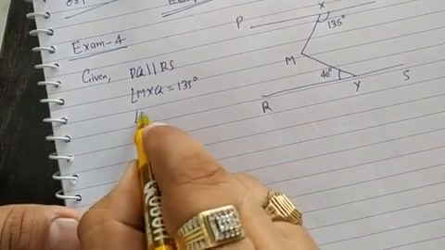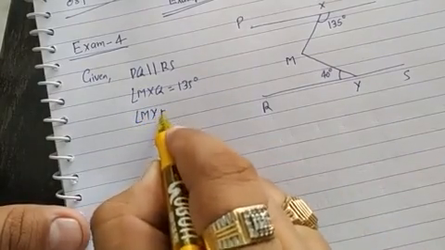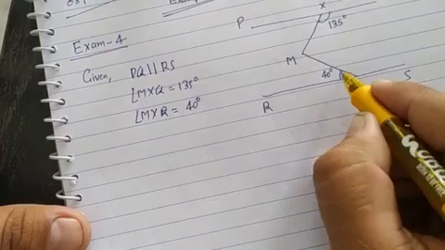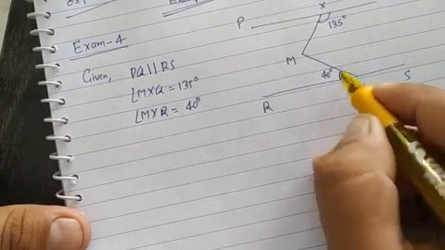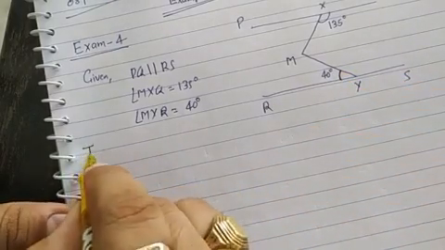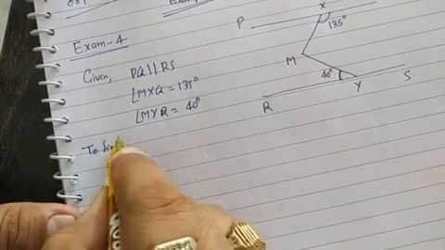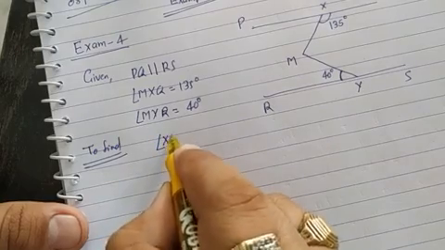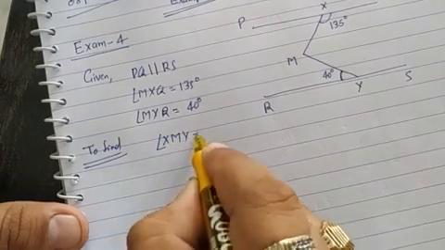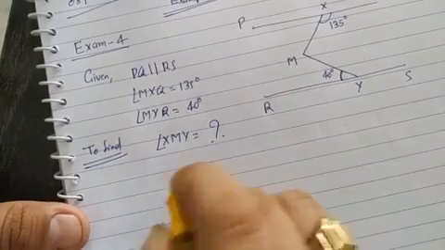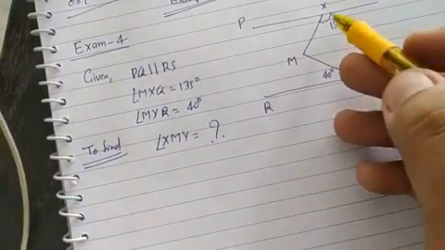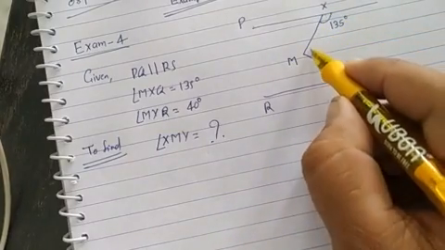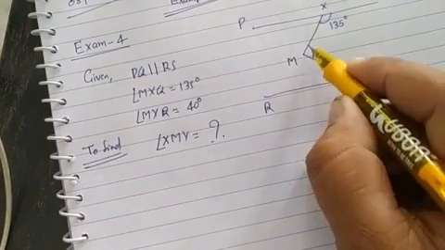Angle MYR is equal to 40 degrees. This is written here. To find, what do we have to find? We have to find angle XMY. Question mark. Angle XMY means we have to find this angle.